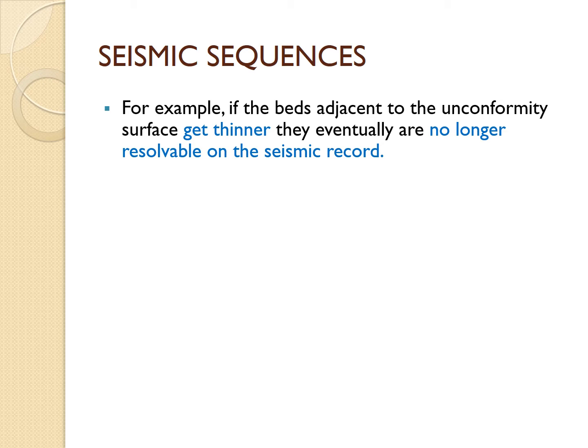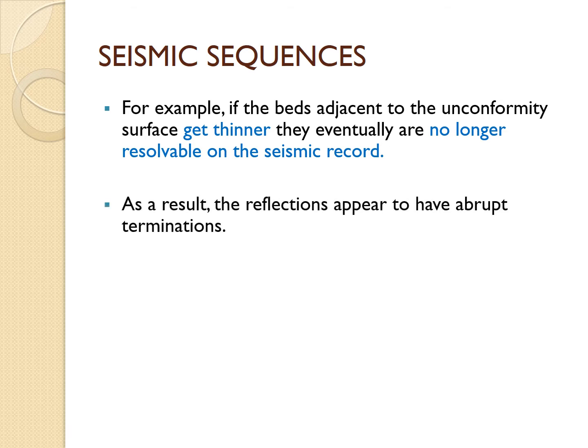And all of us know now why they are not resolvable, because their thickness is less than 1/4 of the seismic wavelength. As a result, the reflections appear to have abrupt termination. In reality, no. In reality, they get thinner until they reach zero thickness.